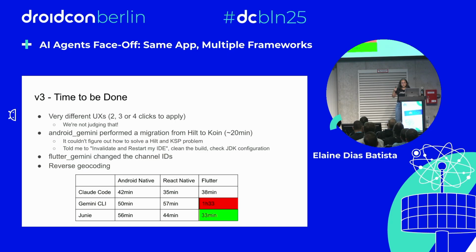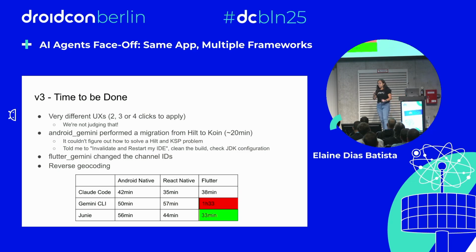And then there was one project where, of course, from version to version, a lot of files changed directories, they were renamed and so on. And during one refactor or whatever, with Flutter Gemini, I launched the app and I saw completely different data. One project decided to completely change the channel IDs from the YouTube videos.